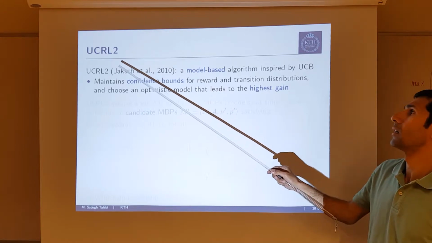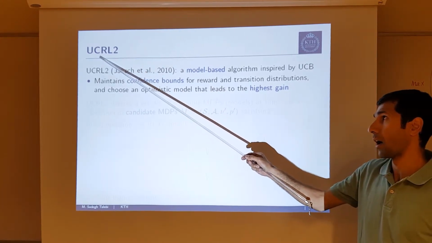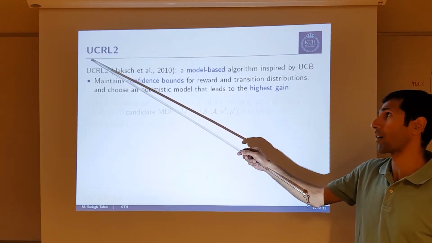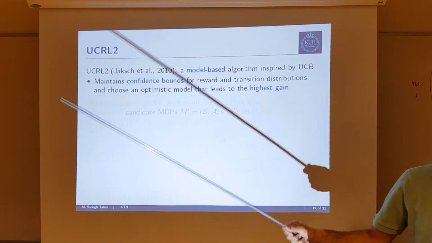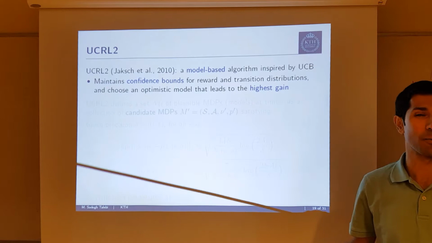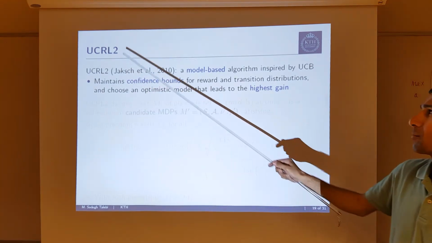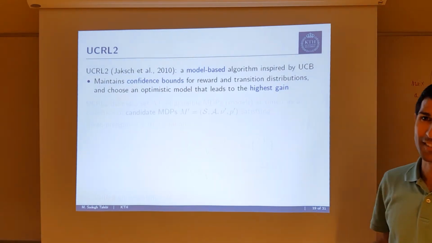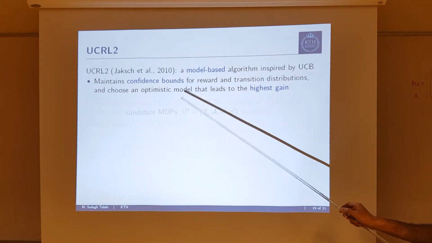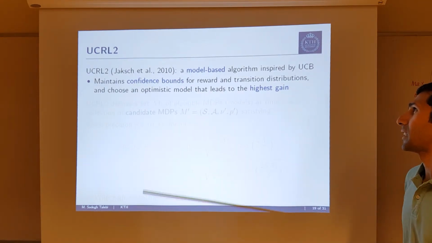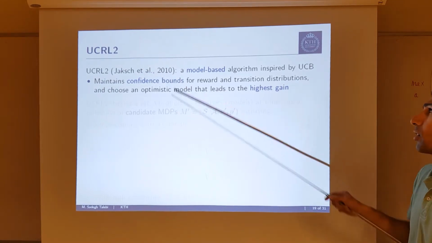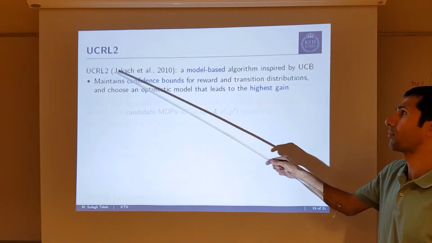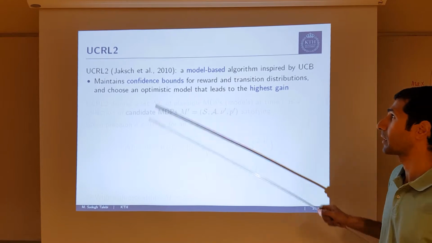It stands for upper confidence bound for reinforcement learning number 2. There was not a number 1; there was UCRL first, but this is the modified version that actually works. It is presented in the NIPS paper 2009 by Jaksch et al., but here I refer to the journal version 2010.